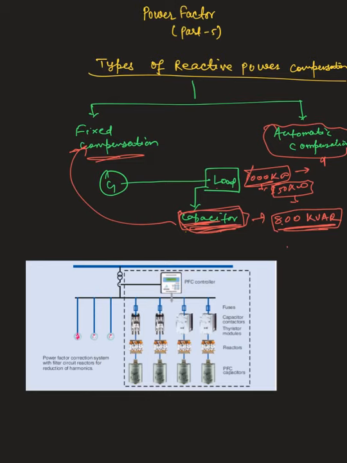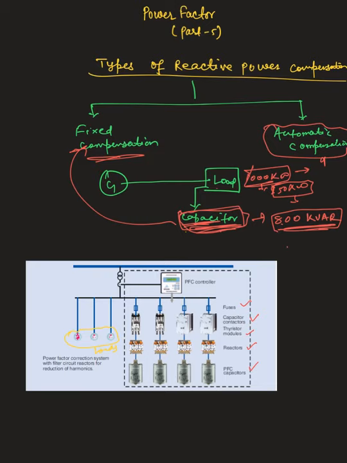If you see, this is a bus, there are certain loads connected here, and there is a fuse, there is a contactor, then there is a thyristor module, then there is a reactor, and then there is a capacitor. I'll try to make you understand the purpose of each of these parts.